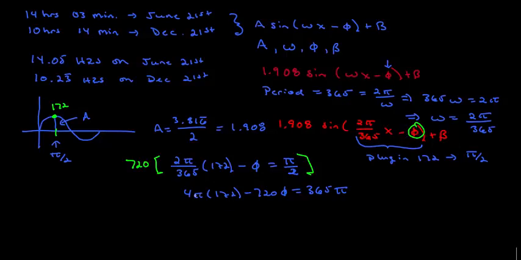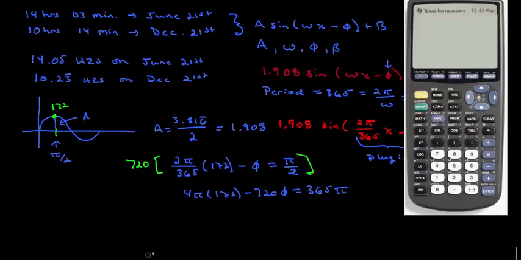So 4 times 172, let me grab the calculator here. Oops, not 720, 172. That didn't look right. Okay, it's 688.